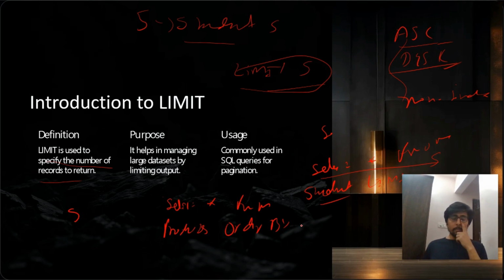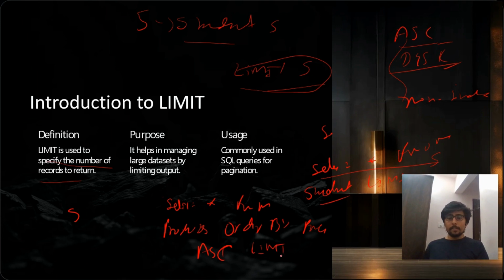What we need, for example, is the top 10 products. Or let's say we need the cheapest 10 products. Order by price ASC means cheapest, ascending order from lowest price to highest price. Only 10 products I need.